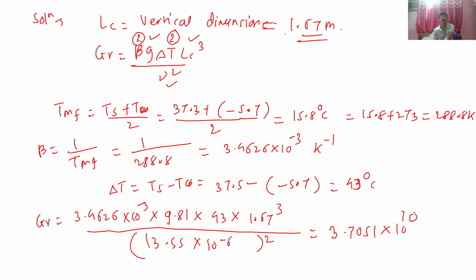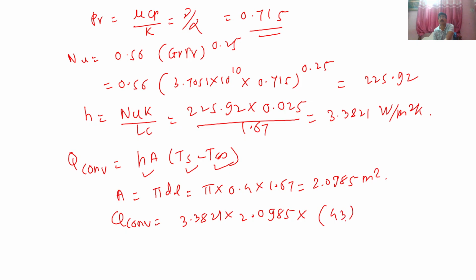Delta T, Ts minus T infinity, already done, 43. I have already calculated. So the answer for Q convection is 305.20. But they have mentioned emissivity also in the problem, so we have to go for Q radiation also.